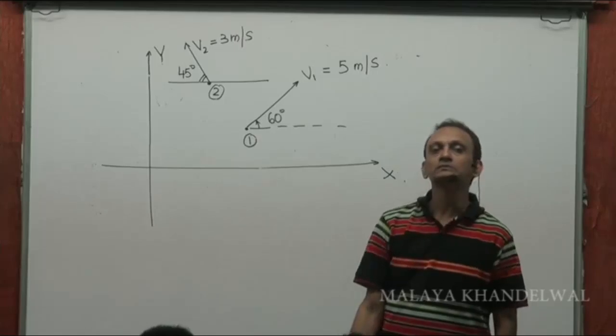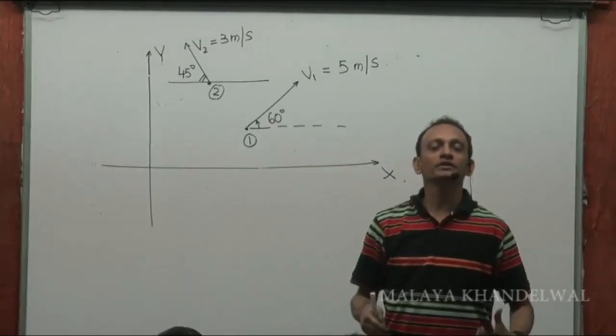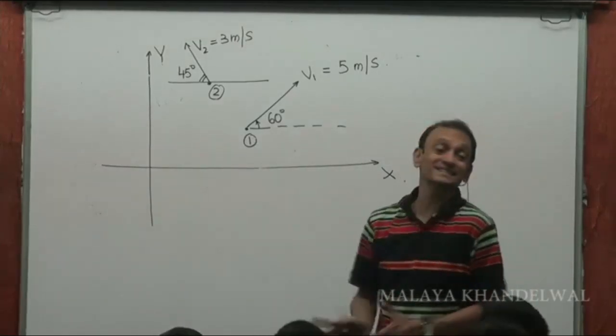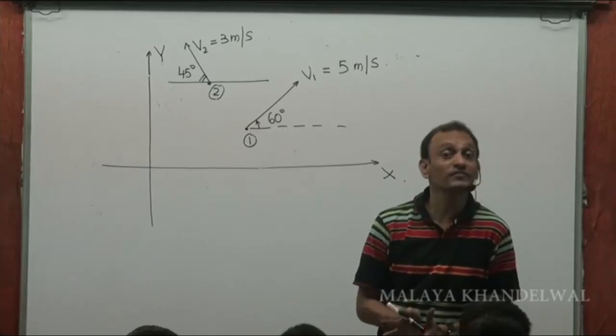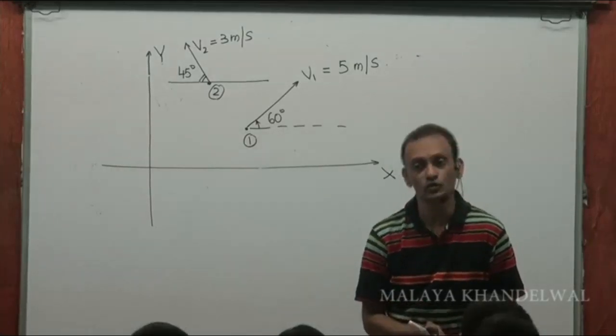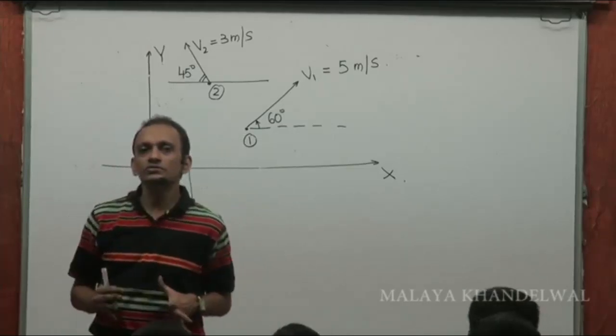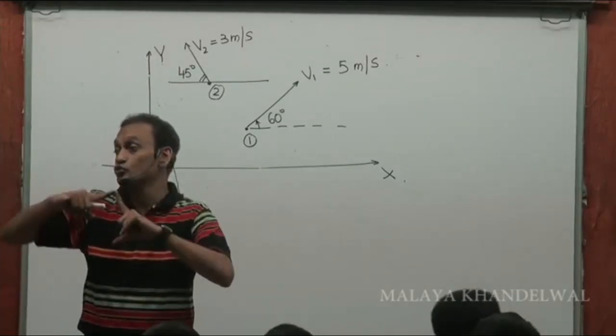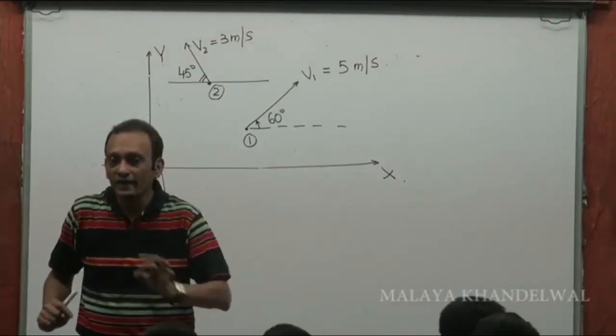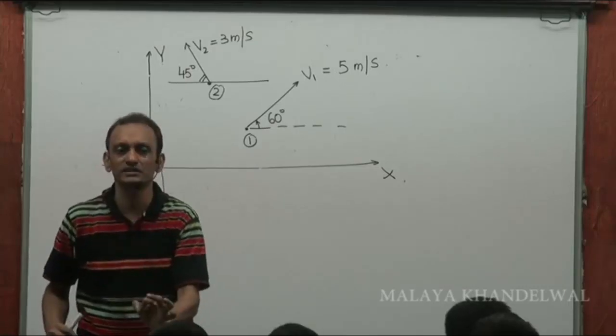Clear? I now want to find the velocity of 1 as seen by 2. I want to find velocity of 1 as seen by 2. In situations of this kind, I will never recommend using parallelogram law vectors to do a vector difference. I would rather resolve the two vectors.